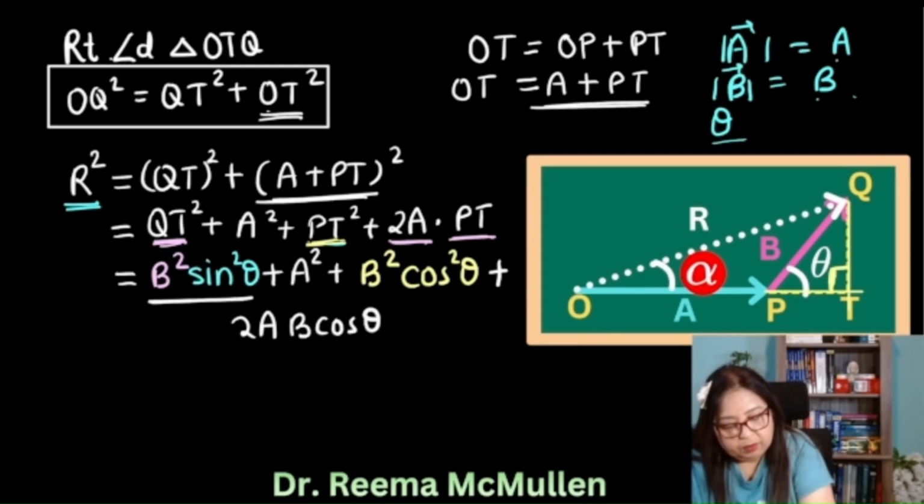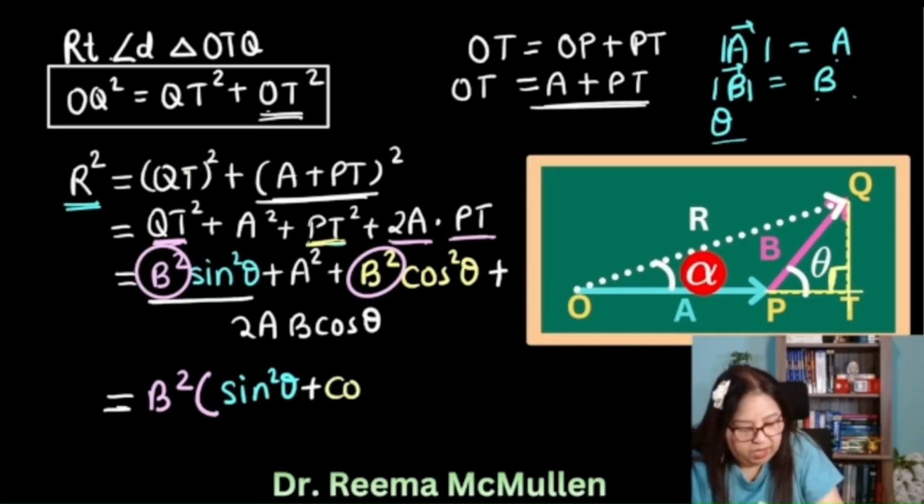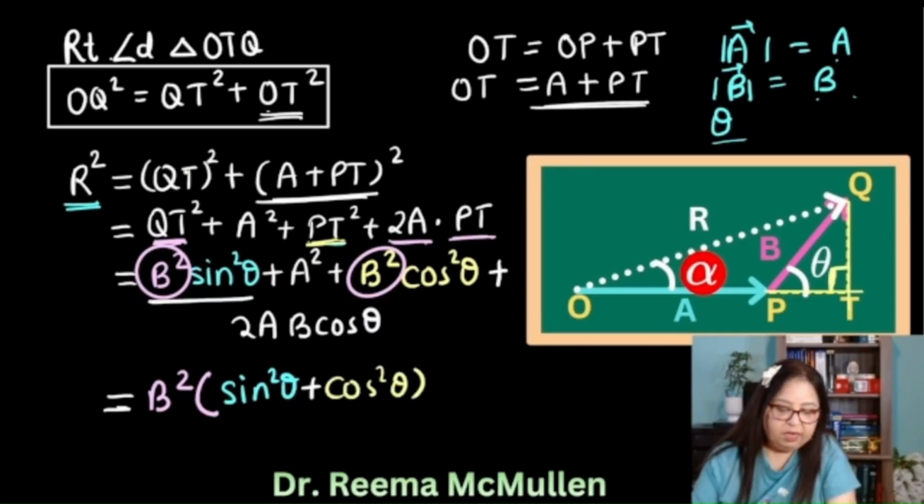So what do we get? We get this B squared and this B squared, okay, times sine squared theta plus cosine squared theta.